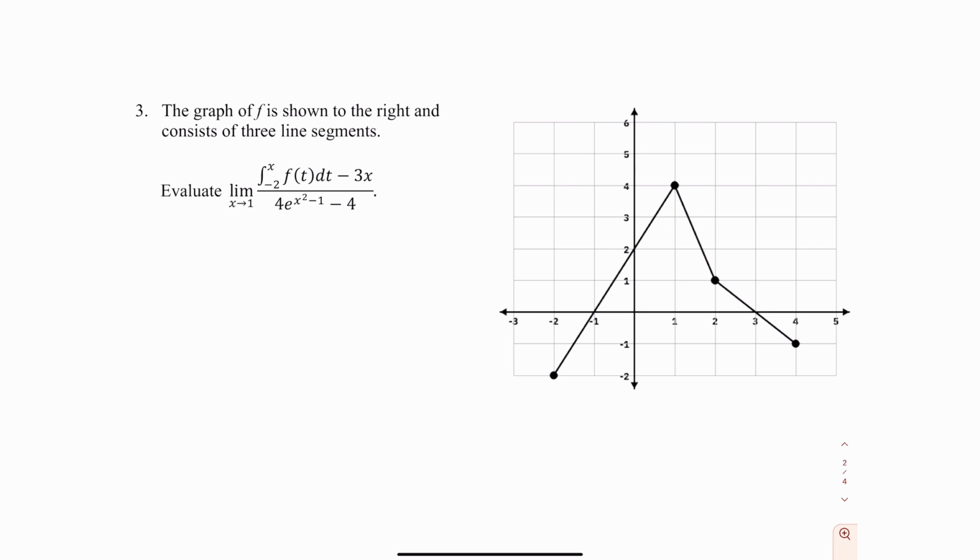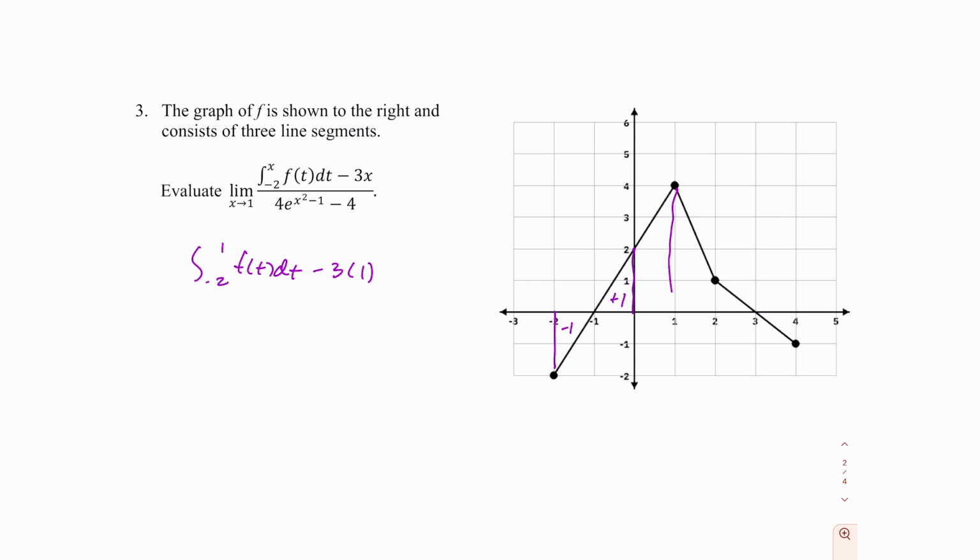All right, so step 1 is try to directly evaluate this thing. And so that would mean doing the integral from -2 to 1 of f of t dt, and then minus 3 times 1. So the integral is going to give us -1, +1, those cancel.